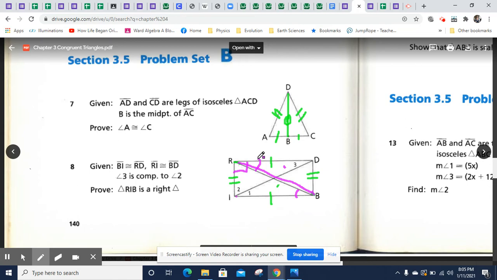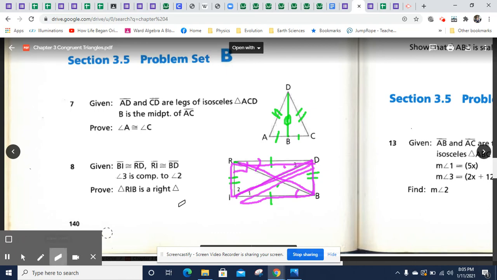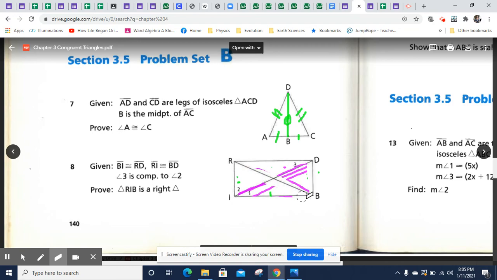Okay. And then we can also prove that this is congruent to itself. And then we could prove that this triangle here is congruent to this triangle here, right? Okay, which is getting messy. So I'm going to clean this up. I'm not liking the way I'm talking this through.